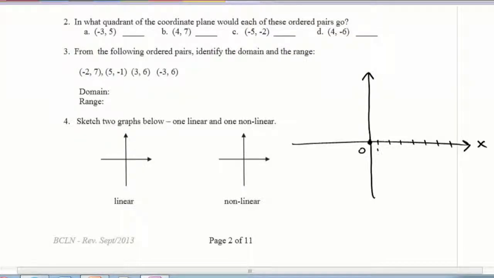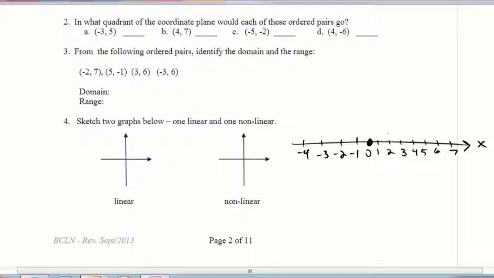So this is 1, 2, 3, 4, 5, 6, 7. And if you want to think about it like this, it's just a number line, right? If I have 0 in the middle here, and I go to the left, then I have -1, -2, -3, -4. So there's our number line with x values. 0's in the middle, everything to the right's positive, everything to the left's negative.